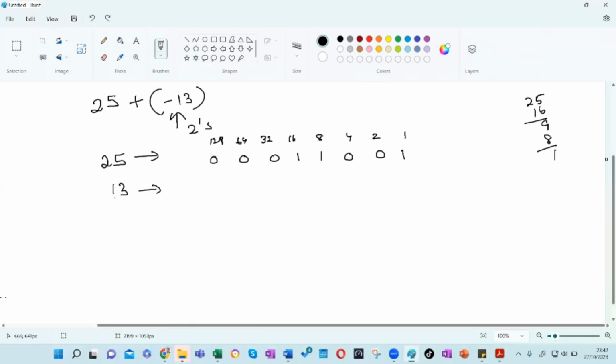First write the binary pattern for 13, not minus 13, but 13. So if it is 13, it should be 1 eight, 1 four, that's 12, and 1 one. Okay, that's 13. The rest will be zeros. Make sure that you fill zeros to make it 8 bits, before you convert to 2's complement.